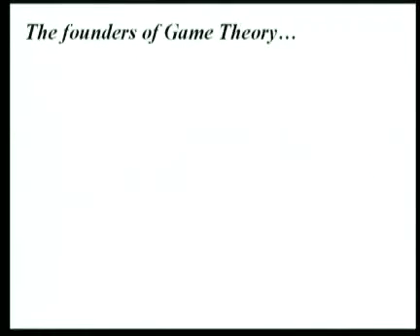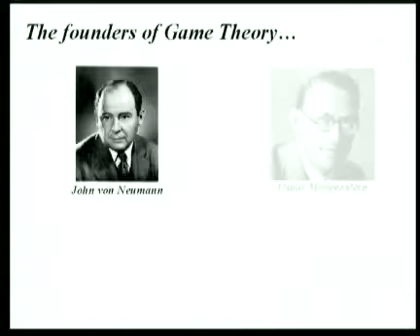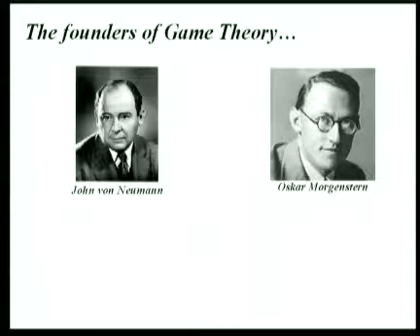Who are the founders of game theory? Well, John von Neumann and Oscar Morgenstern. These were gentlemen who lived back in the 40s and 50s. Von Neumann was a key player in the Manhattan Project, was involved in nuclear weapons. Morgenstern was a preeminent mathematician.